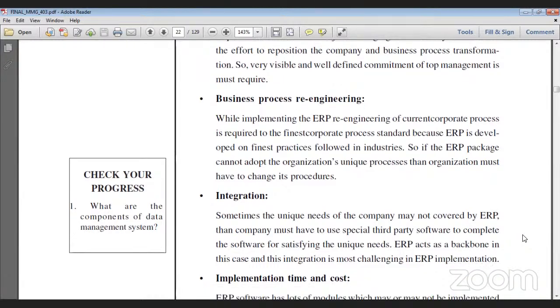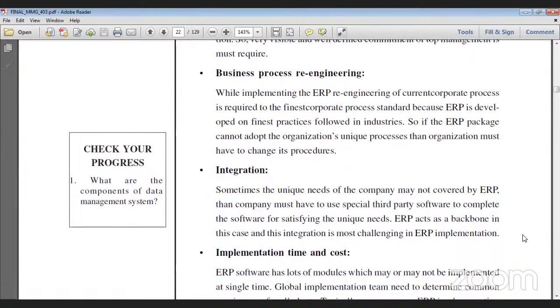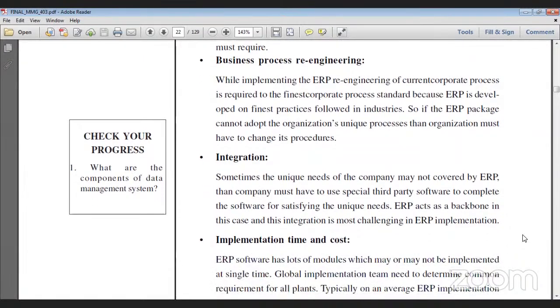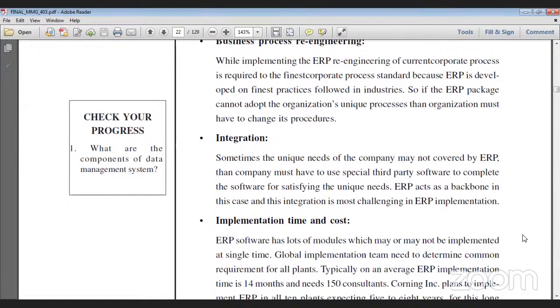The fourth challenge is implementation time and cost. ERP software has a lot of modules which may or may not be implemented at a single time. The global implementation team needs to determine the common requirements for all plants.